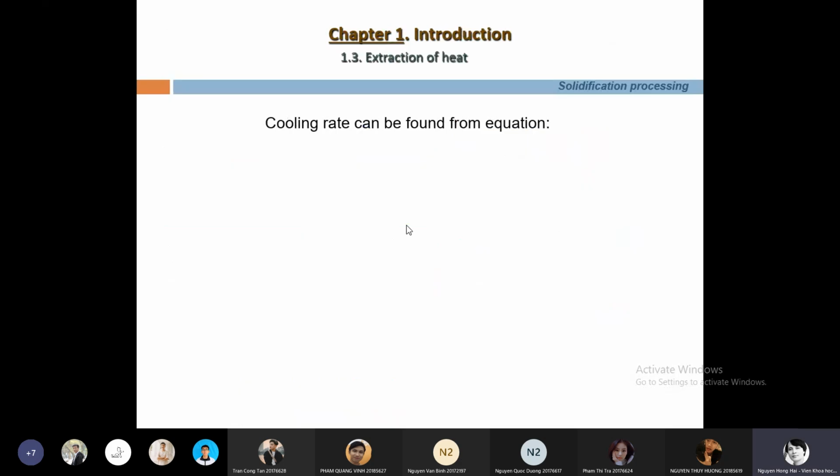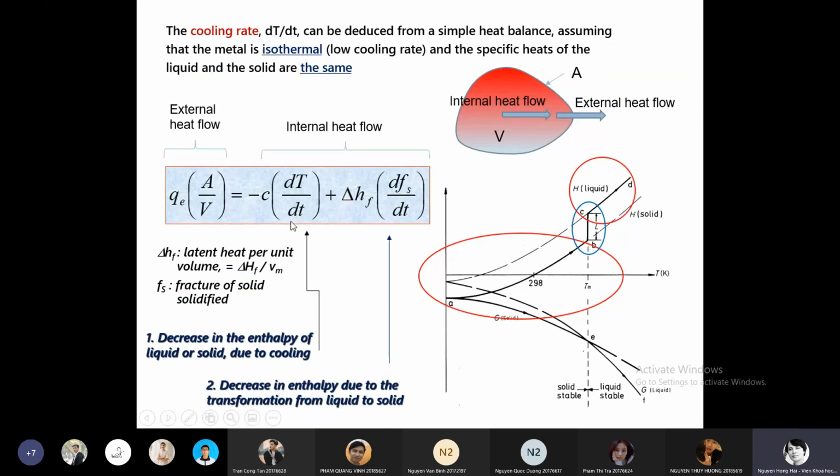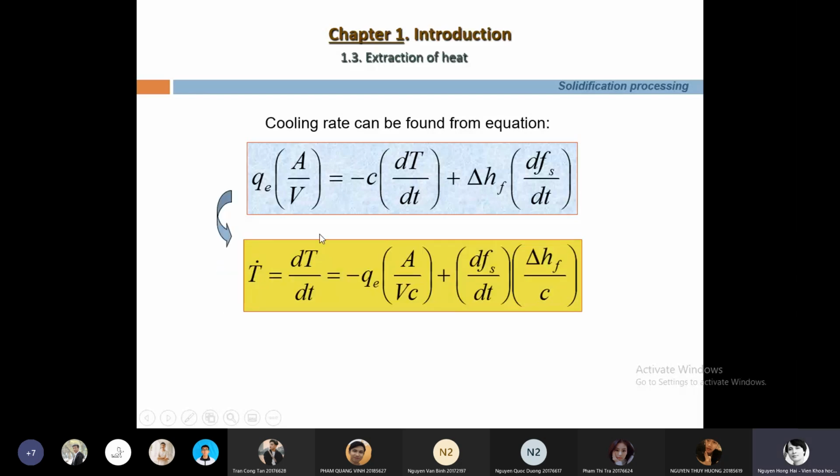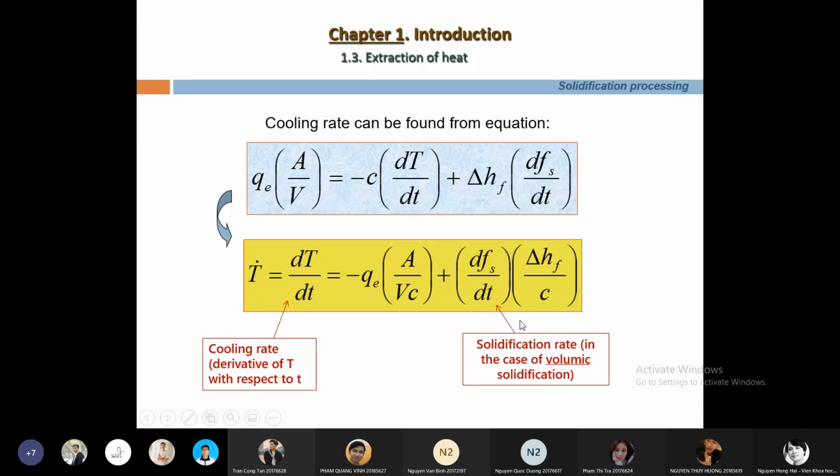And you can calculate the cooling rate from this. Very simple. From this, you can have the cooling rate like this. Easy. Okay. And you have the cooling rate, you have the solidification rate. It is the case of volumic solidification.